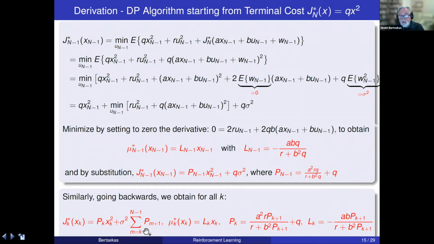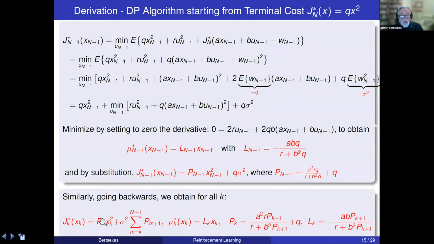There's also a constant term that depends on the variance of the disturbance, and the optimal policy is linear as a function of the state. And it's just a matter of carrying the calculation backwards here to verify that P_k is generated by this recursion, starting with P_n equal to 0 and going backwards.